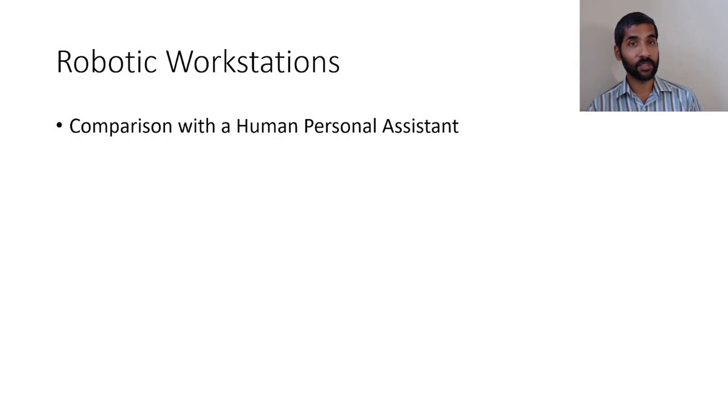But then the problem with robots is that you have to tell them what they need to do, right? They are not like human beings. So if I say, for example, to a person, hey, pick me Microelectronic Circuits by Sedra Smith, a person would be able to read through the shelf and find the book and give it to me, while a robot may not be able to do that, right?